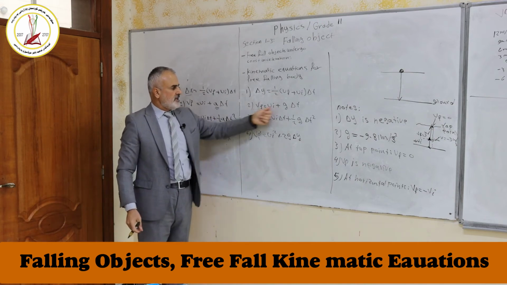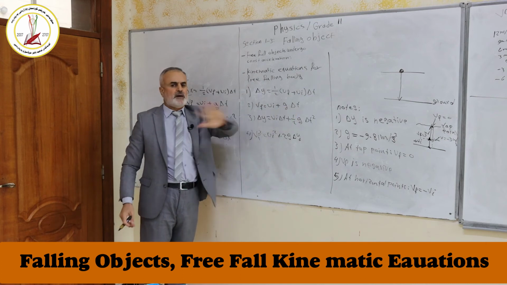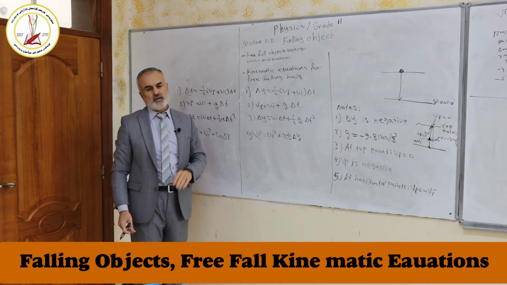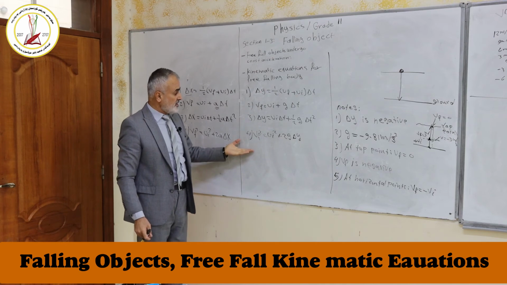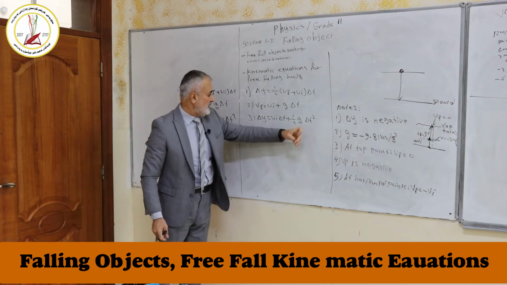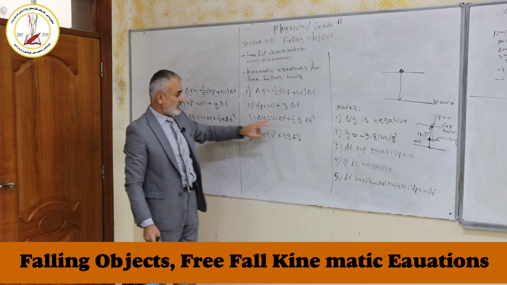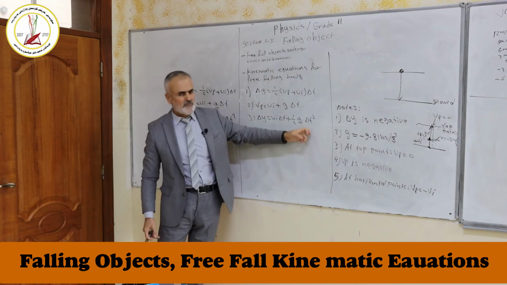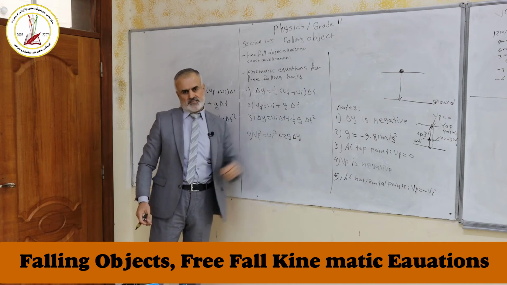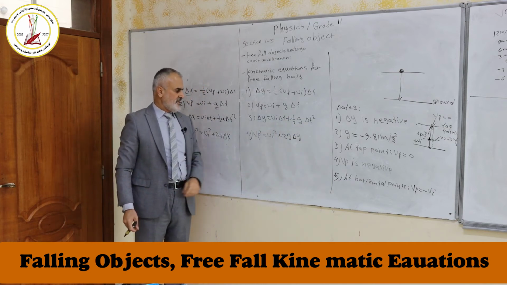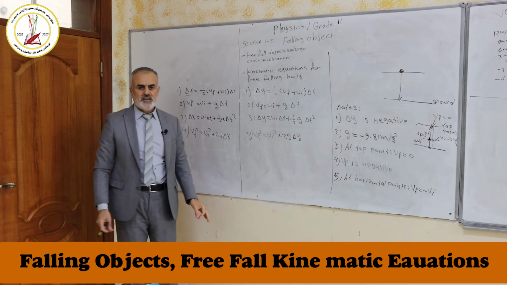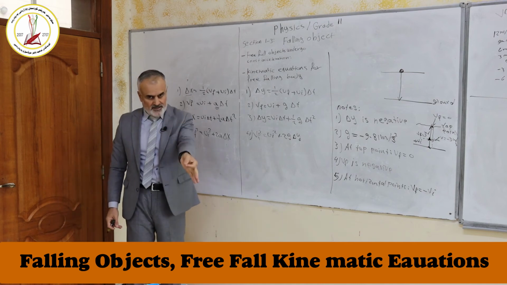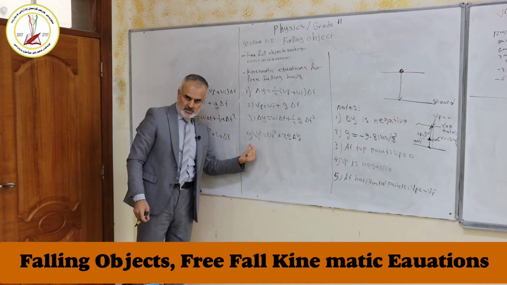It also includes delta t, but we don't have the final velocity, so we cannot. Also, here we have delta t with the initial velocity, and we can find delta t that way, but it is more complicated. And we have this equation.